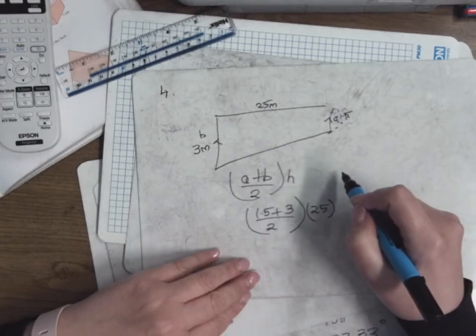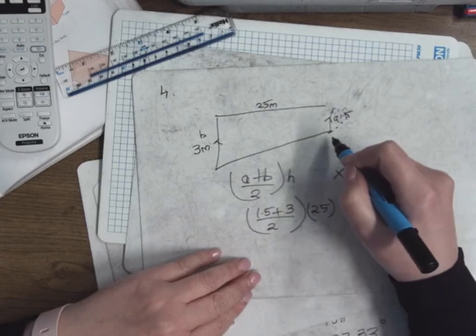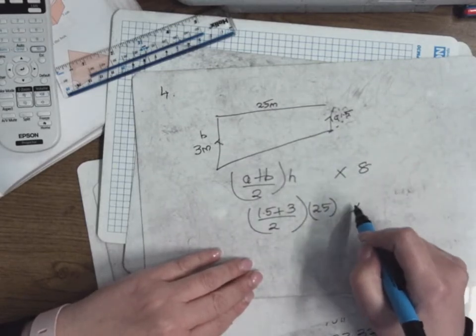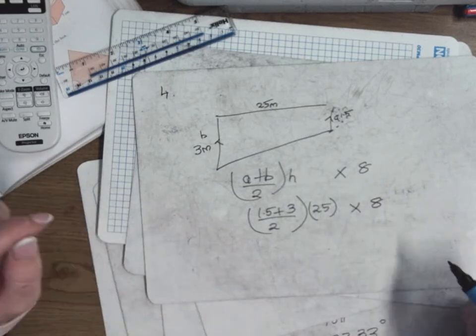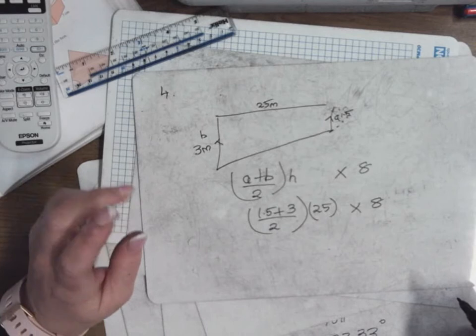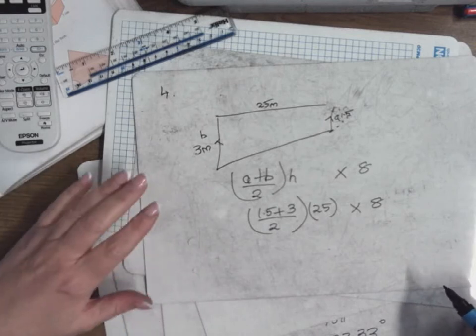Okay, and then because it's a prism, I have to multiply it by the distance back, and the distance back is 8, so I must multiply that by 8 as well. Will someone do that for me, please?